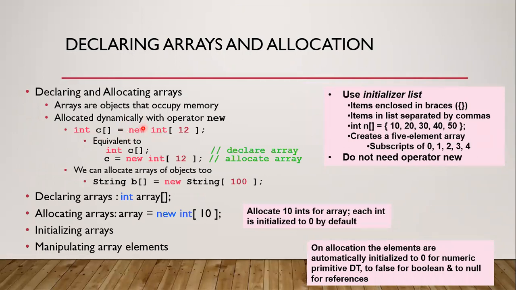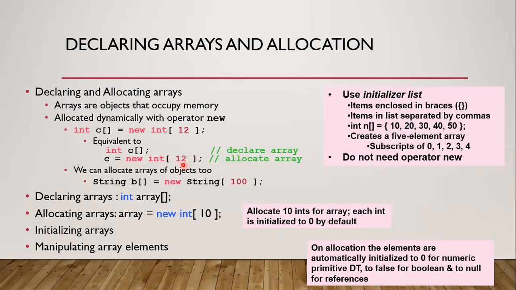We have seen the use of the new keyword once before, when we created a scanner object to read input from the CLI in our previous lectures. So we create an array of size 12. We can do this either in one line or in two lines. In one line we declare the array, and in the other line we allocate the memory for the array.